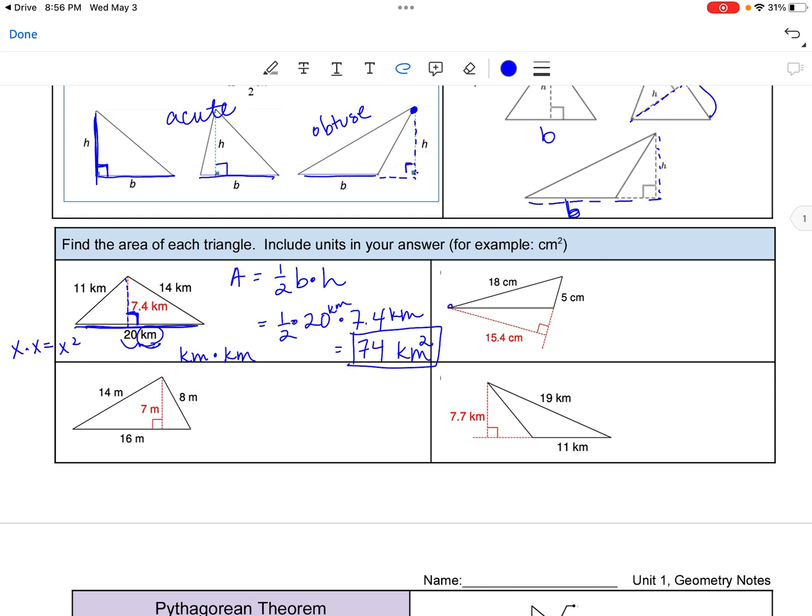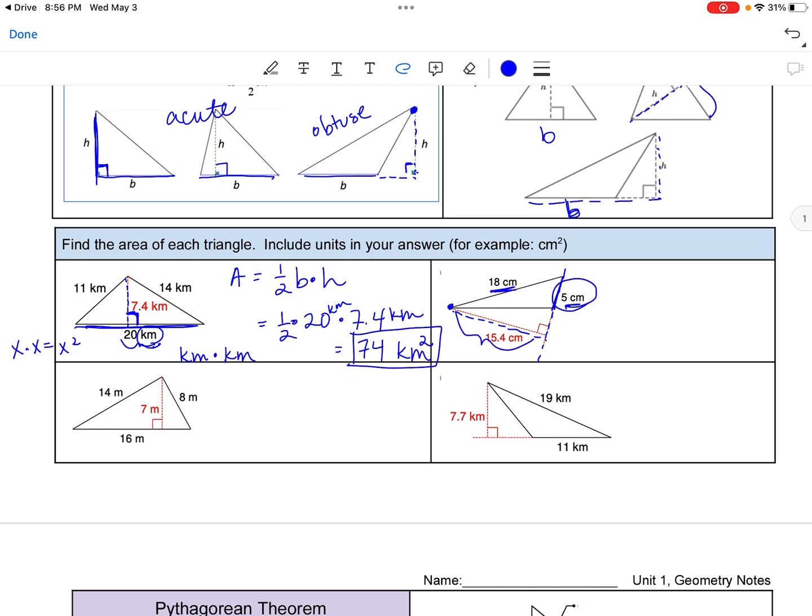Okay, let's try this one now, triangle. Here is our height, and then we have to decide which of the two sides we're given would be the appropriate one to use for the base. If you said this one, you are right, because this base right here is perpendicular to the height we've been given, right here.